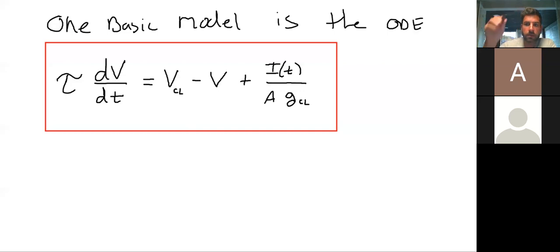Is it some pattern? How are we injecting our cell? Is it a constant injection? Does the injection vary? If it varies, then this stimulus depends on time. And that's why we write it as I of t. So this is the stimulus.